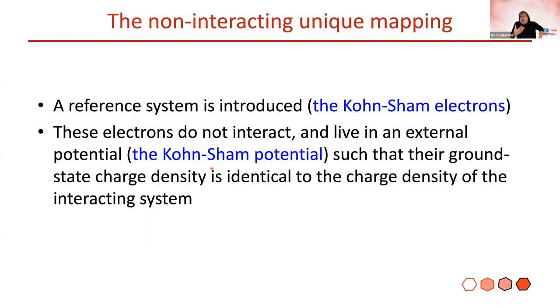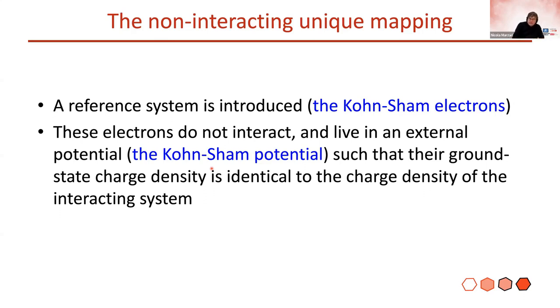They defined these non-interacting electrons that live in a different external potential than, say, the potential of the true water molecule. That's called the Kohn-Sham potential. They said, let's construct this Kohn-Sham potential such that the ground state of the non-interacting Kohn-Sham electrons happens to have the same charge density as the interacting system.